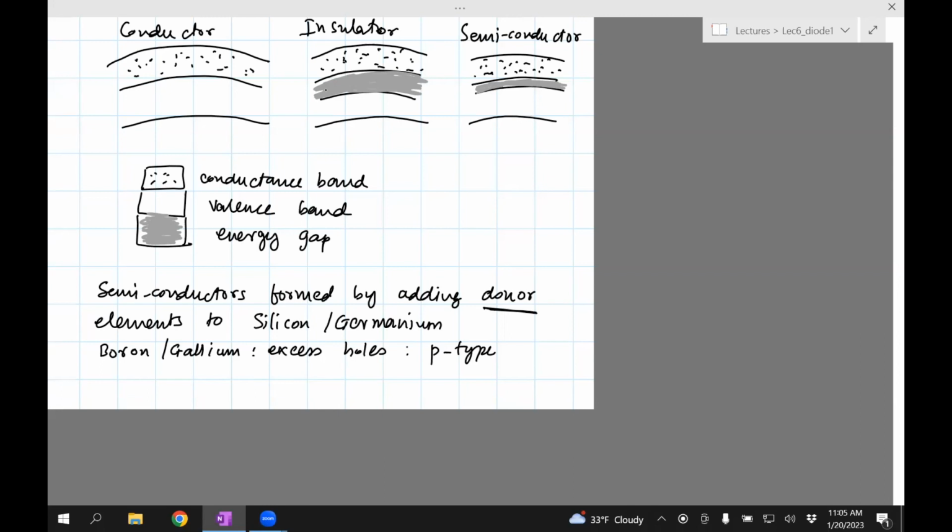You can also add arsenic or phosphorus. These have excess electrons, and this is known as the n-type semiconductor. So these are the donor elements.